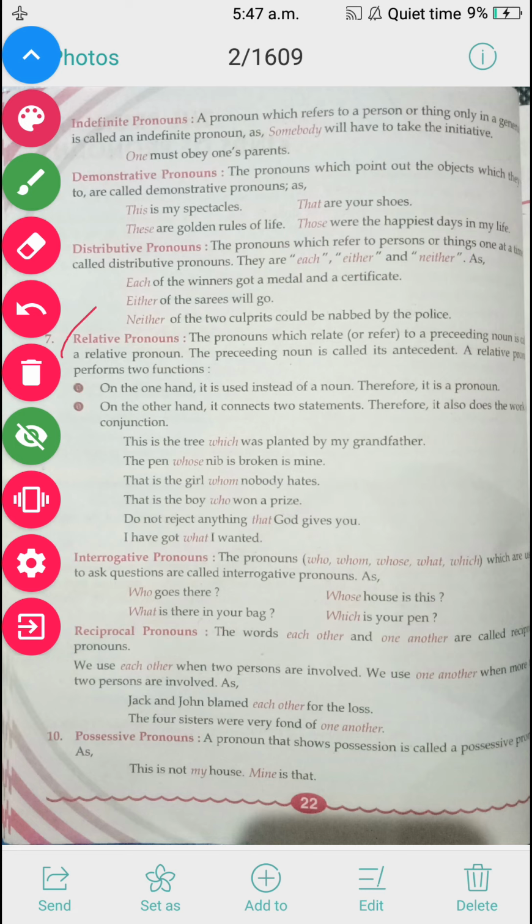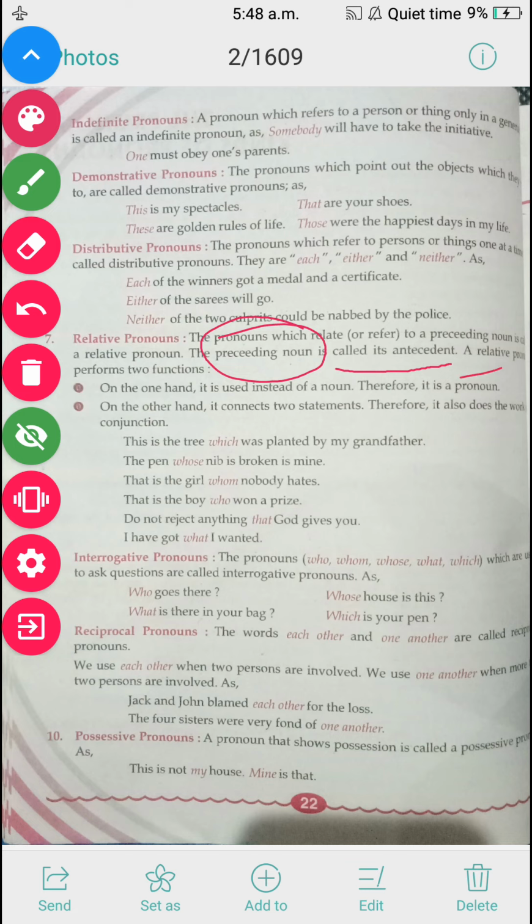Okay, relative, which relates something or refers to something, like just see here now. The pronoun which relates or refers to a preceding noun is called a relative pronoun. The preceding noun is called its antecedent.